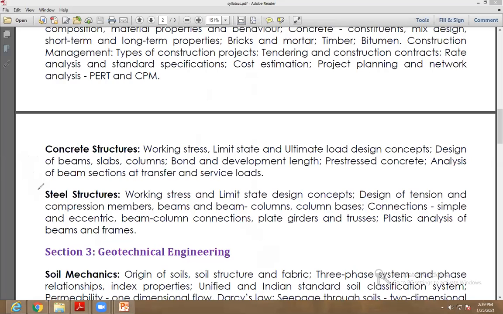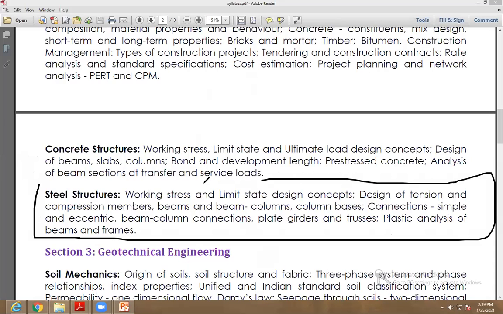If you see the syllabus of GATE in steel structure, there are two methods of design that are considered. One is working stress method, second is your limit state design method. So both the methods are included in the syllabus of GATE.